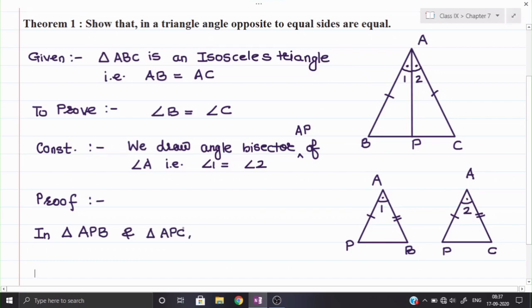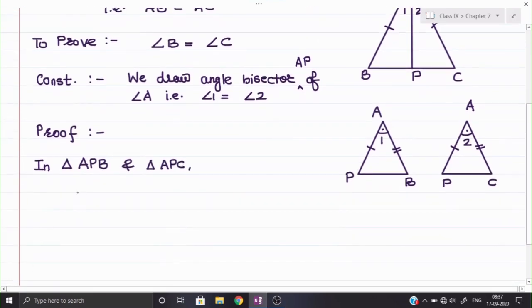First we shall write down AB is equal to AC. Give the reason over here: given. Second, we shall mention here AP is equal to AP.